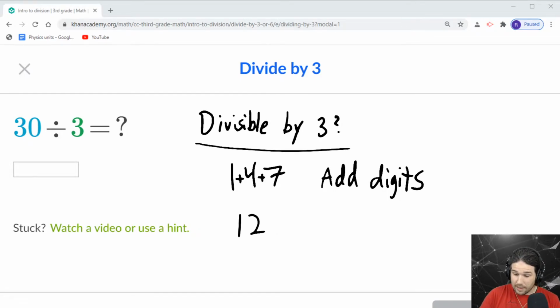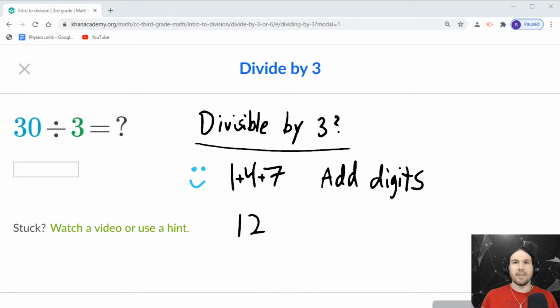So yes, 147 is indeed a multiple of 3. What's 147 divided by 3? The answer is 49. Beautiful. It is 3 times 49.